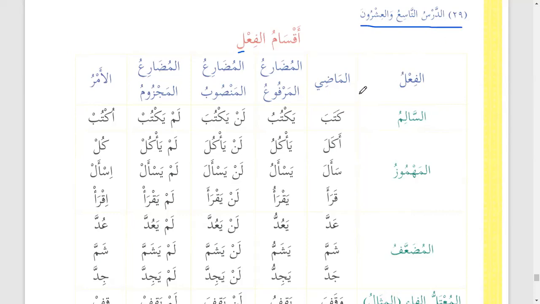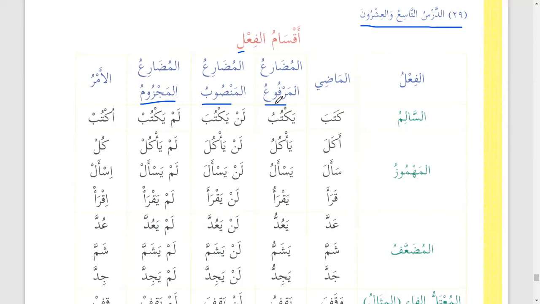So we know that the verb can be past, al-madi, it can be present, al-mudari'u, al-marfu'u. So as we know that the present tense can be marfu', and it can be mansub, and it can be majzoom. We know that a noun can be marfu'.